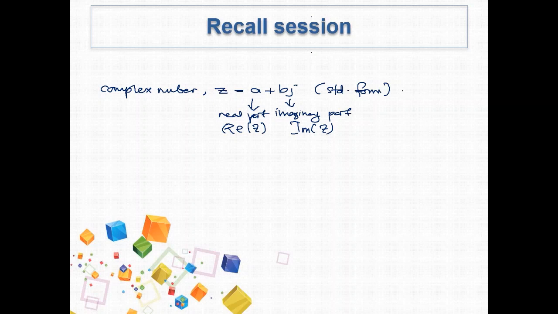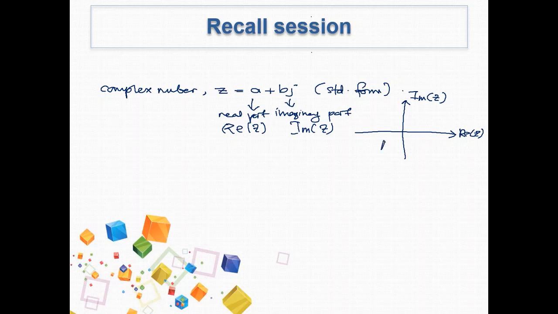This is the common way of writing a complex number. If we want to know the position of a complex number, you can plot an Argand diagram, where the x-axis is your real part, and the y-axis is where you plot your imaginary part. It means you plot your b on the y-axis.